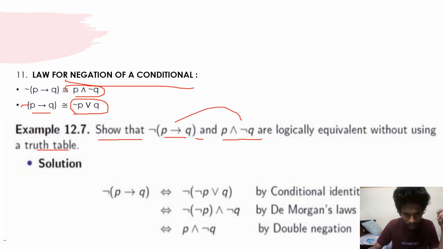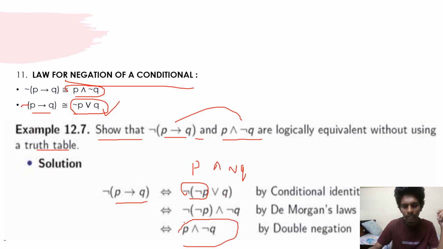Negation of P conditional Q: apply this formula. We will get negation of negation P or Q. Negation of negation P will give P. OR will change into AND. Next, this negation will be applied, and we will get negation of Q. See, we got the answer.